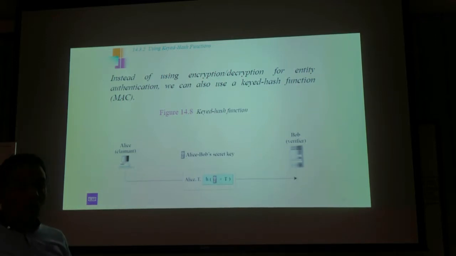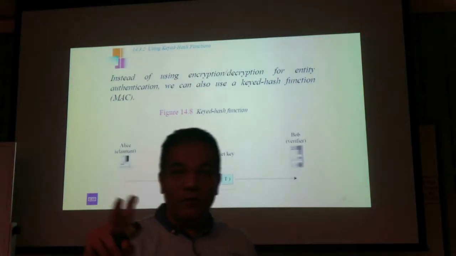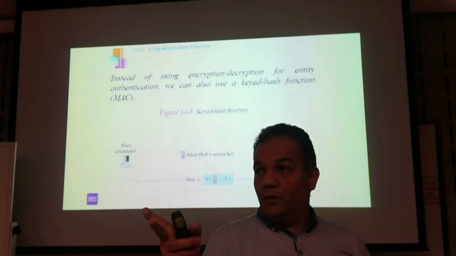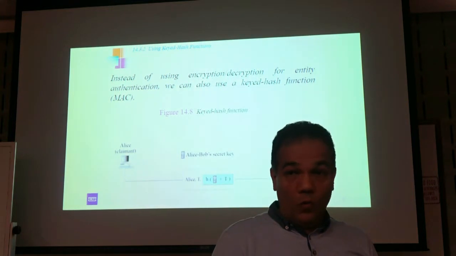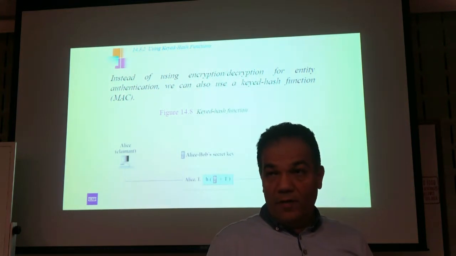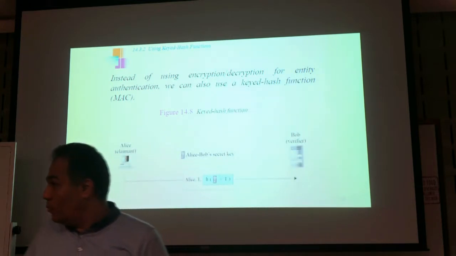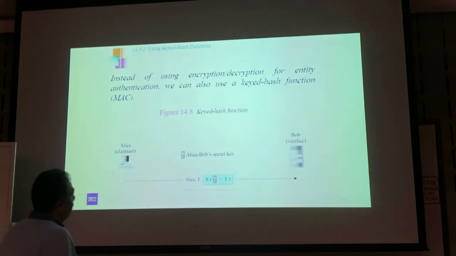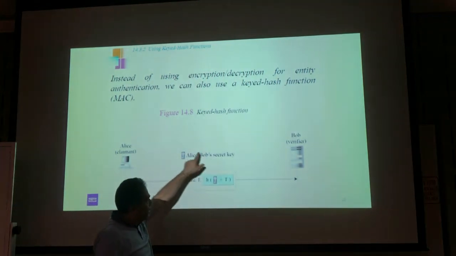Remember that when we learned about hash functions, there are two kinds: one without key and one with key. The MAC is with key. So you have the key, which is Alice and Bob's shared secret key.